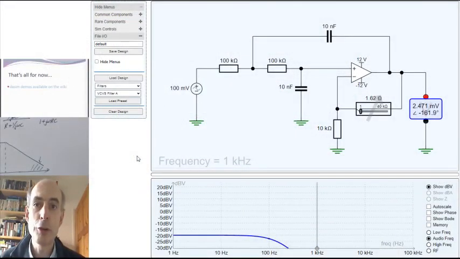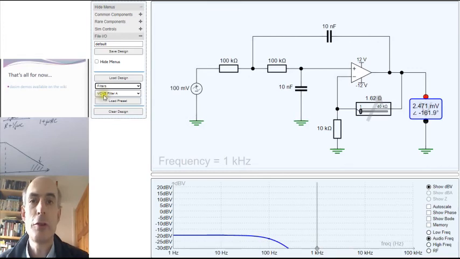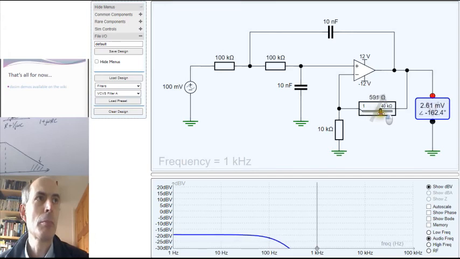There are some supporting presets available in DASIM. They're under the Filters menu item. This is VCVS filter A, and if you set the variable resistor here to go between 1 and 40k, then you can change the Q factor, because the Q factor is determined by the gain.